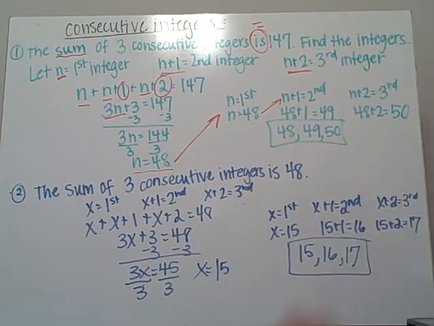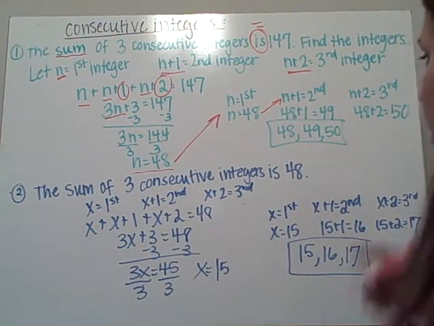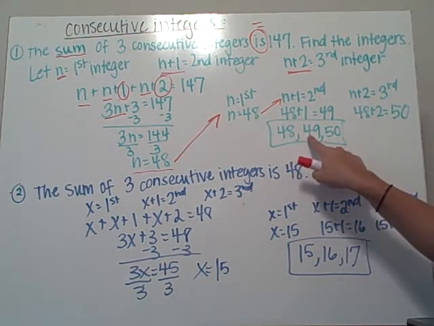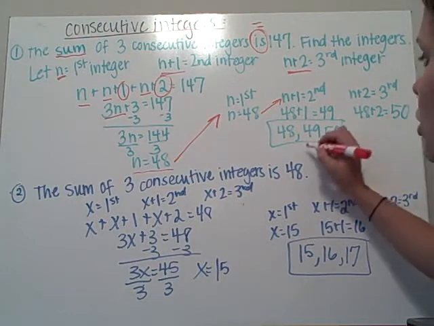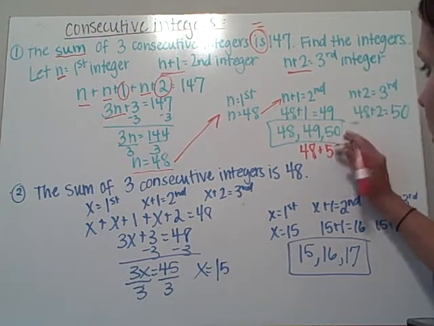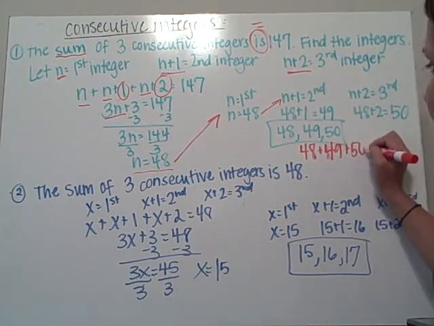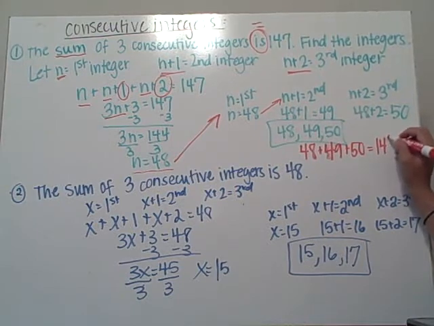So our 3 consecutive integers, which means one number right after the other, our answer is 48, 49, and 50. If we were to check this, 48 plus 49 plus 50 does equal 147.